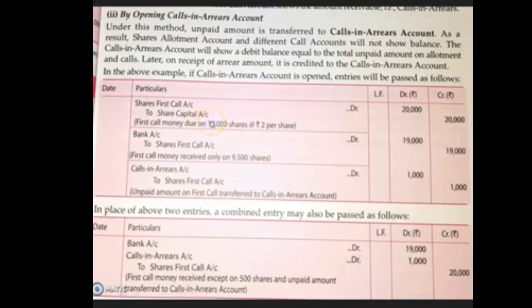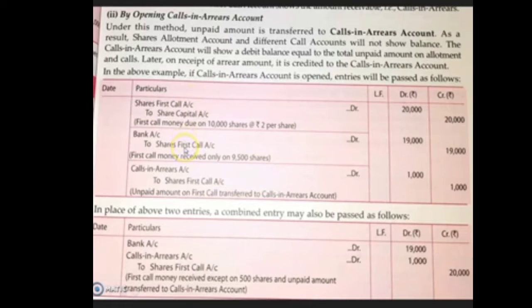That is, you are making the announcement to the shareholders to pay the due amount on the first call. The journal entry is share first call account debited to share capital account. Narration: being first call money due on 10,000 shares at the rate of ₹2 per share. So 10,000 into 2, 20,000 is the due money on the share first call.